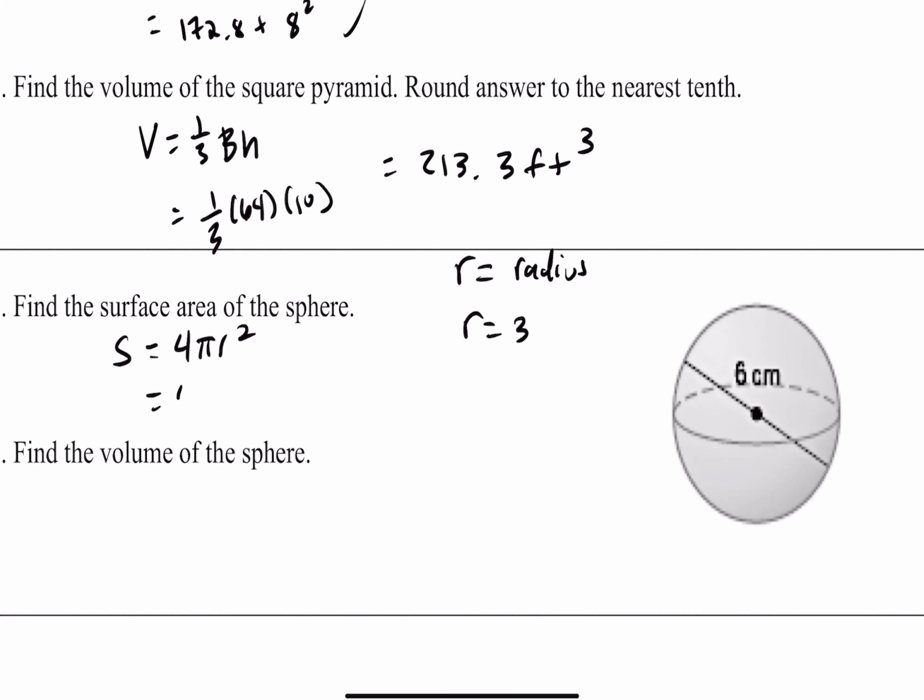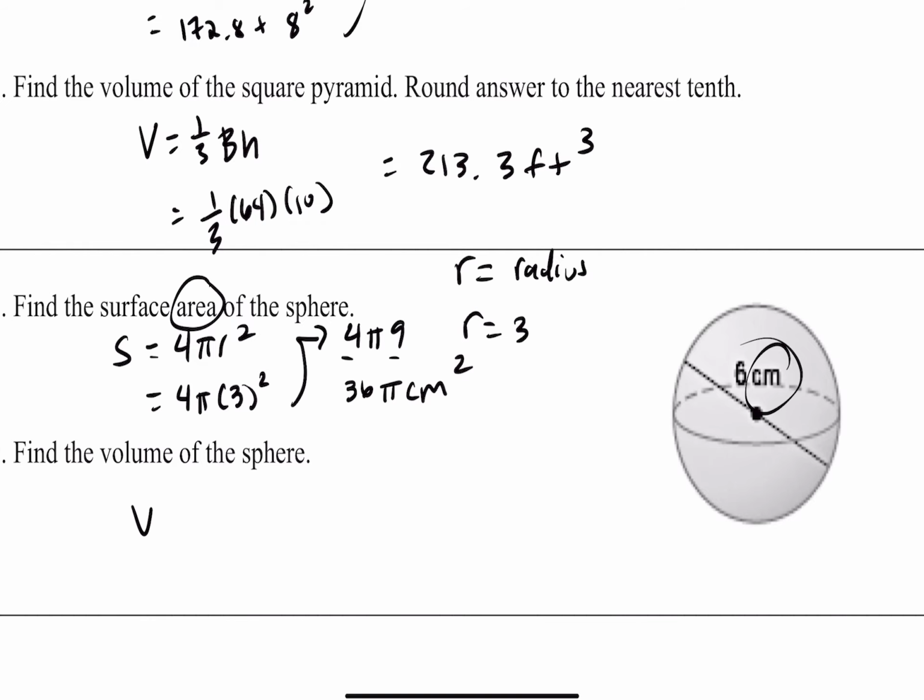So that's 4 pi times 3 squared. So 4 pi 9. 9 times 4 is 36 pi. And don't forget the unit. It's centimeters squared.